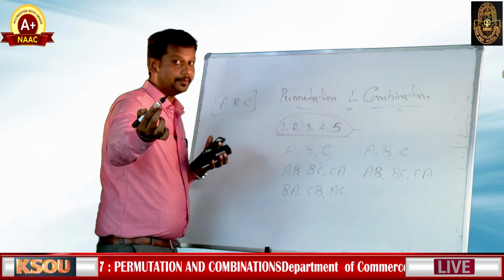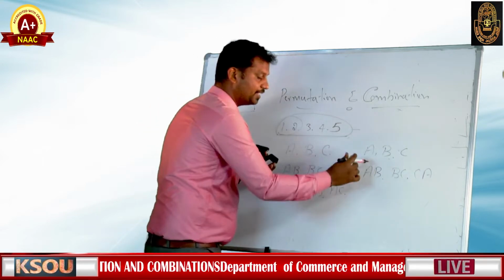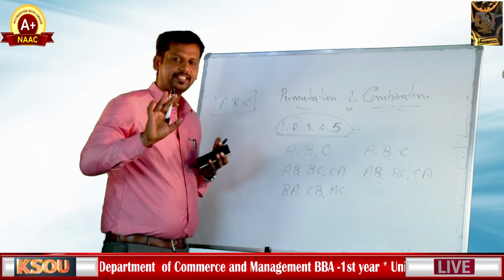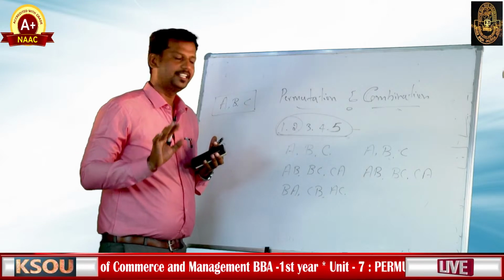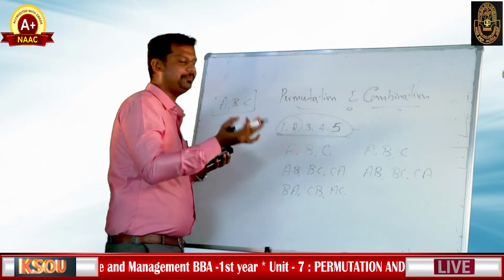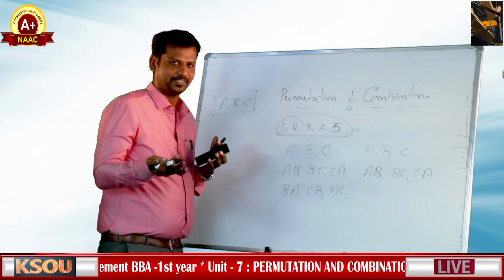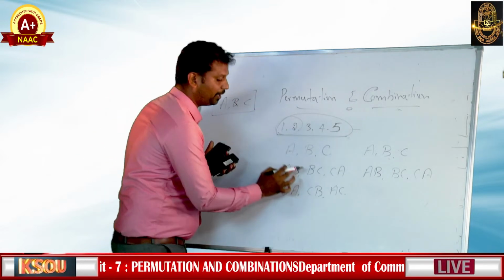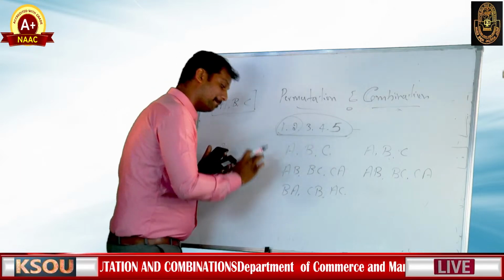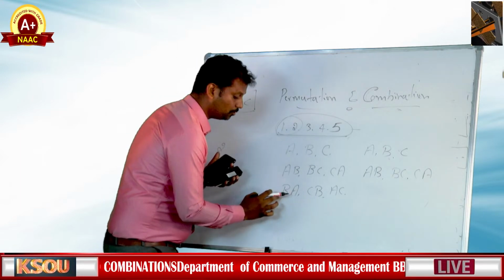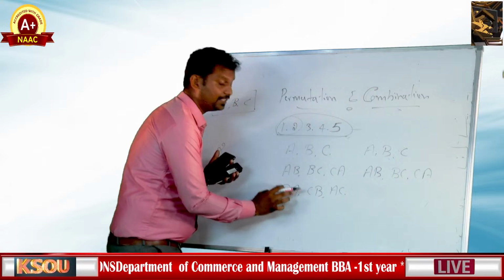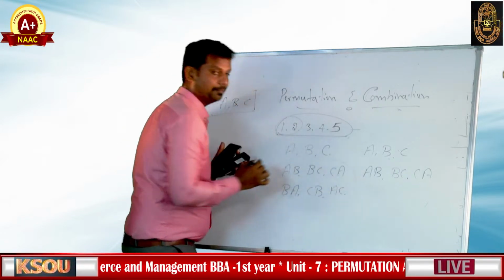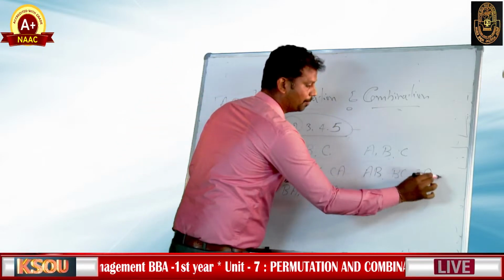But in combination, out of three members you select two members, A and B. If you selected A and B or B and A, both are the same. But when you arrange, first A then B, or the other option, first B then A. That is permutation. This is called combination.